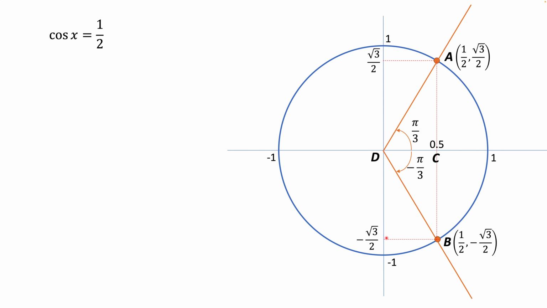Okay. But for us, we have 2 points A and B. Point A corresponds to angles pi over 3 plus 2 pi n, and point B corresponds to angles minus pi over 3 plus 2 pi n. All right, that's the final answer.